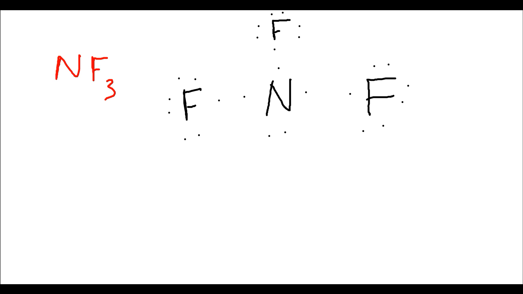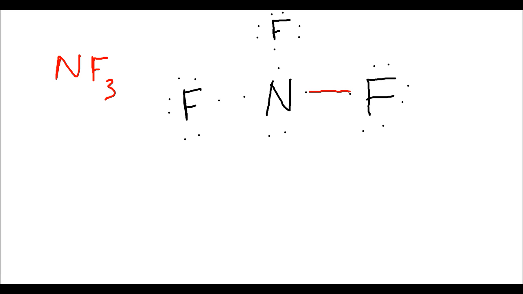So you can see nitrogen's looking around. He goes, I really need 3 more electrons, and that will give me 8. Fluorine's looking around going, if I just had 1 more electron. So they're going to share.